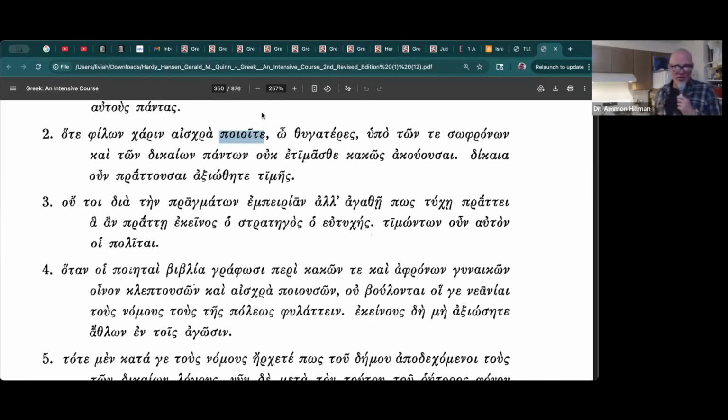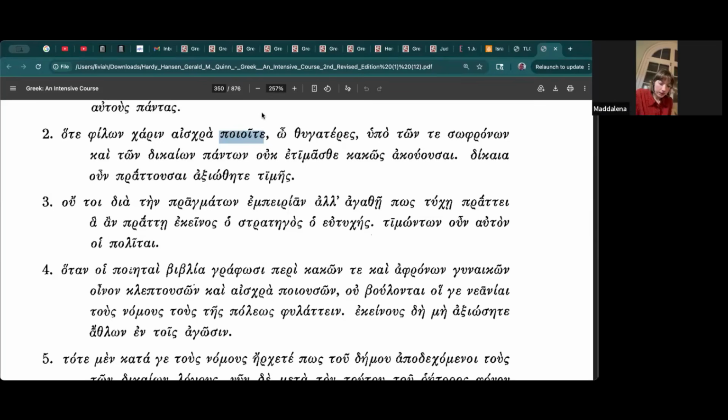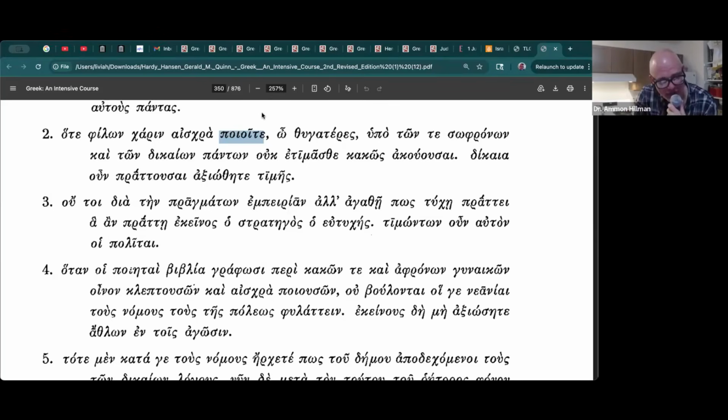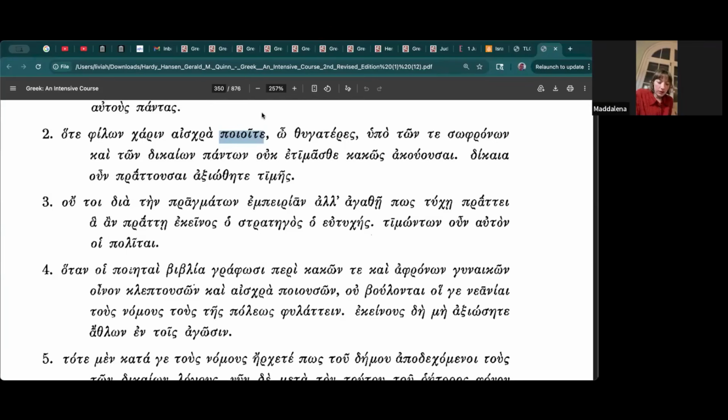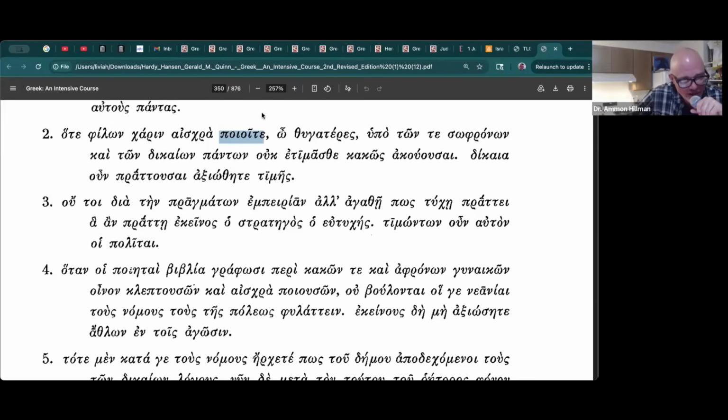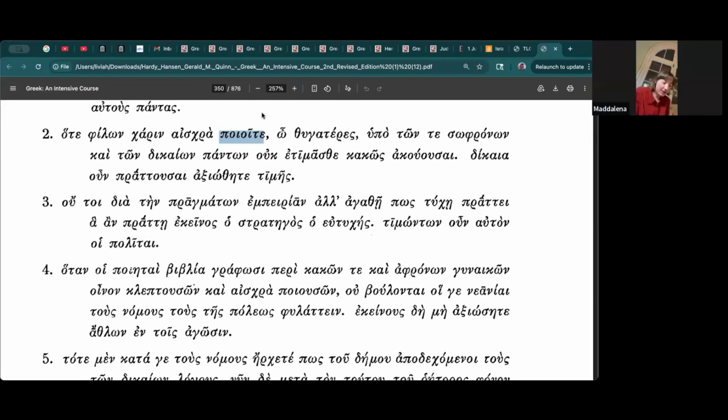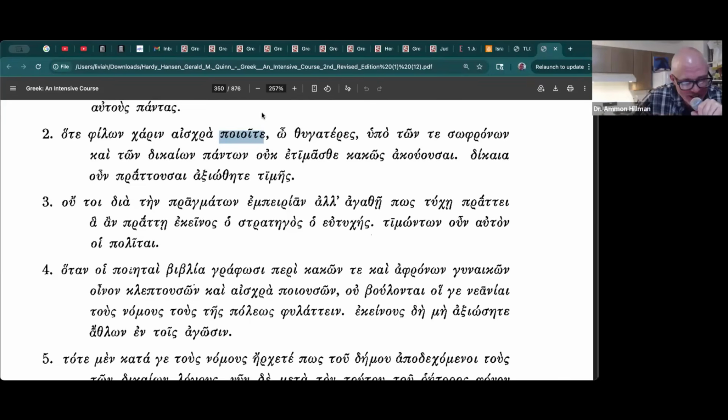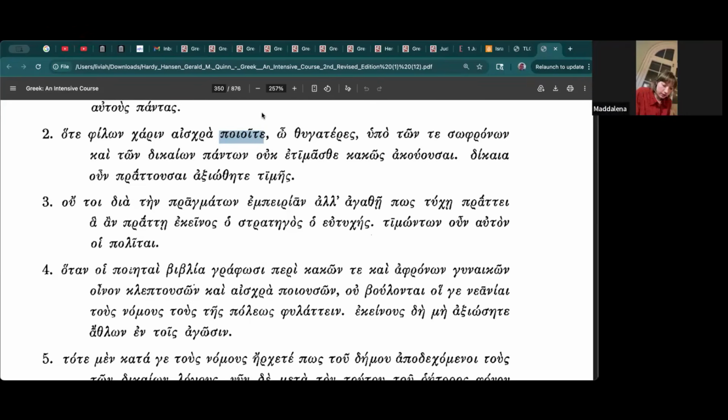Yeah, it's not "they" though. What is the oite? Oimi, ois, oi, oimen, oite, it's oite. So it's second person plural, you. Whenever you were doing, okay. Aiskra, shameful stuff.